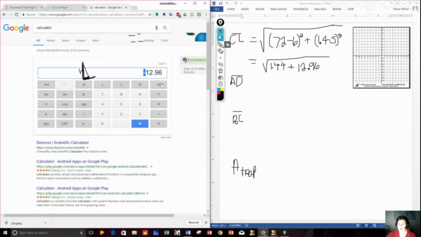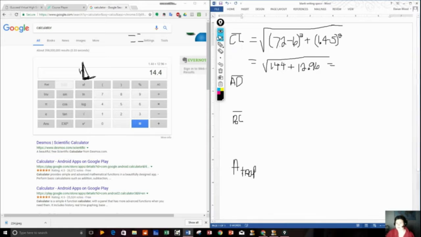And then we're going to keep this up and we're going to just say what's 1.44 plus 12.96, which equals 14.4. And I'm going to delete this since they're giving it to us.